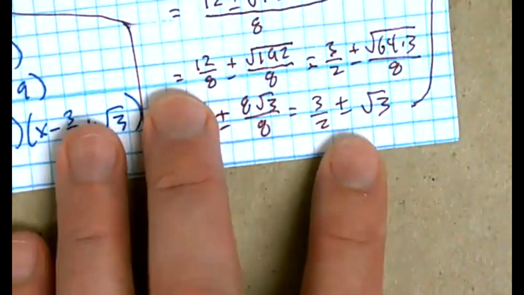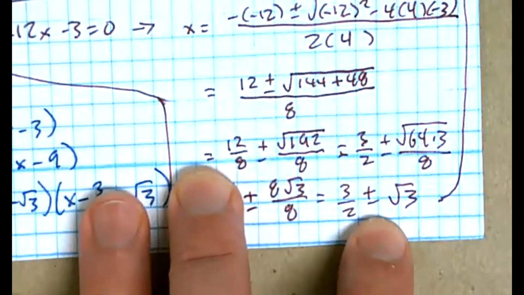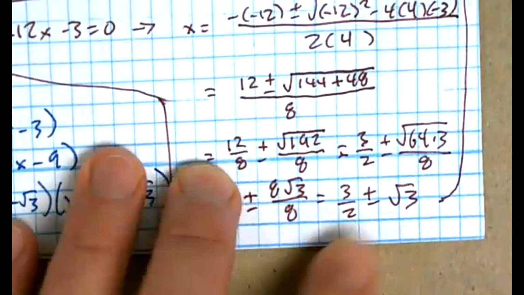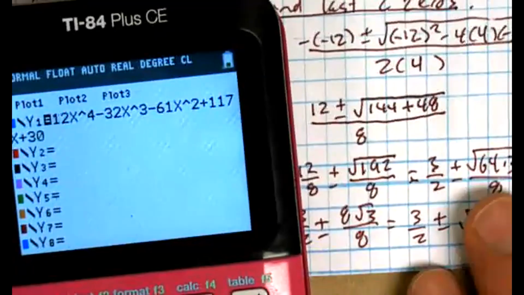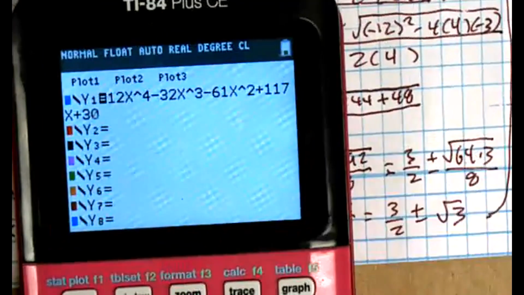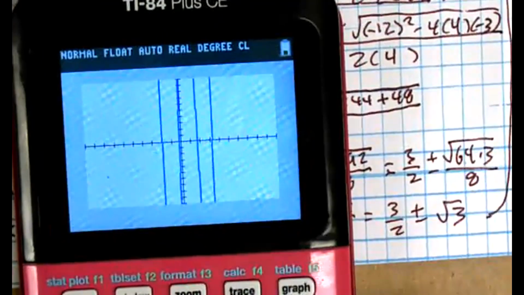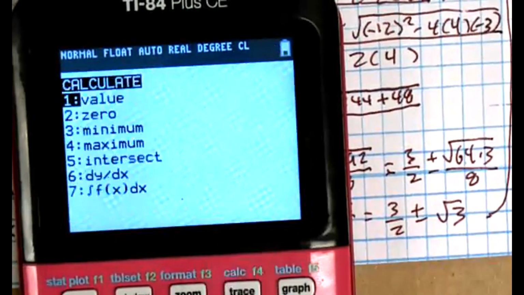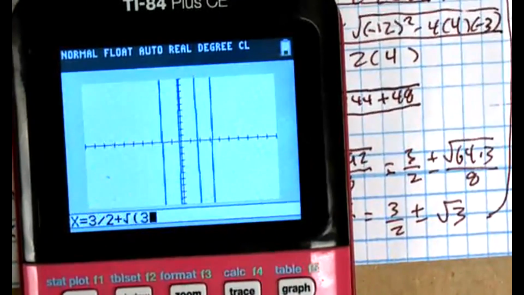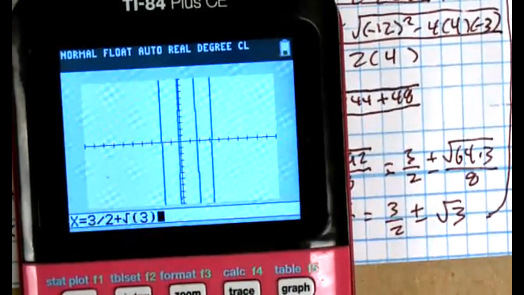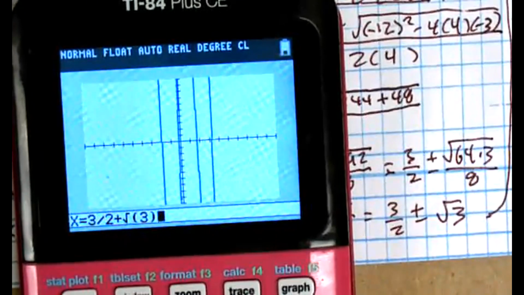The other thing you can do at the end is, once we've got our 2 zeros, we can go back to our graph and check them. So you can see if you did all that work correctly, because I can go back to my graph right now, do second calc value, type in 3/2 plus the square root of 3, and hit enter and hope I get 0, or something super, super close to 0.